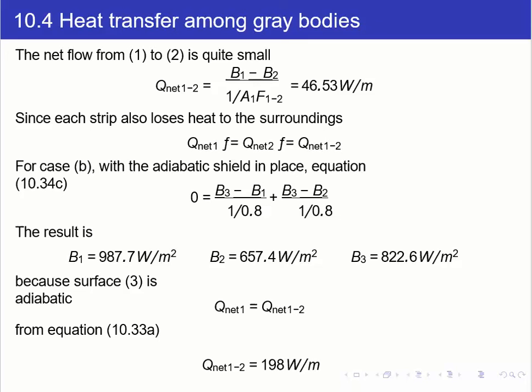This results in B1 equal to 987.7 watt per meter square, B2 equal to 657.4 watt per meter square and B3 equal to 822.6 watt per meter square. Because of the adiabatic surface, Q net 1 is equal to the net flow 1 to 2, and Q net 1 to 2 is 198 watt per meter.